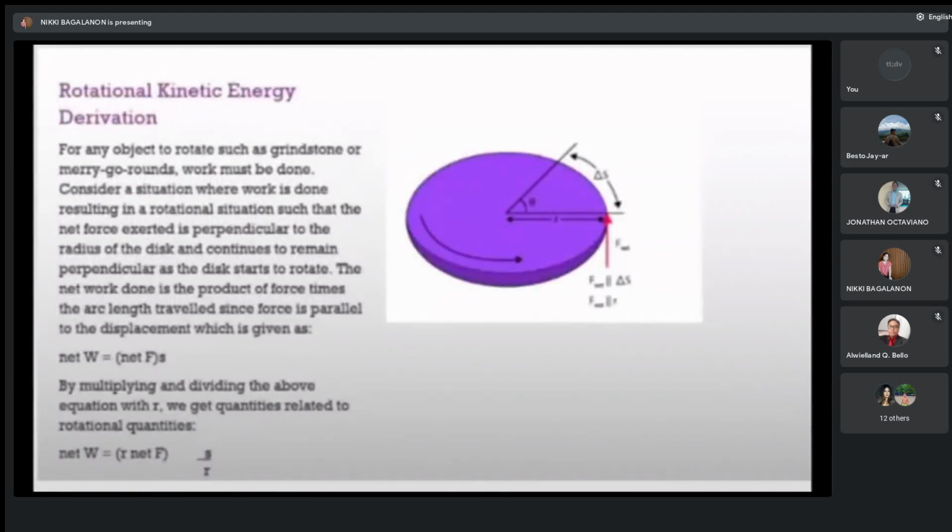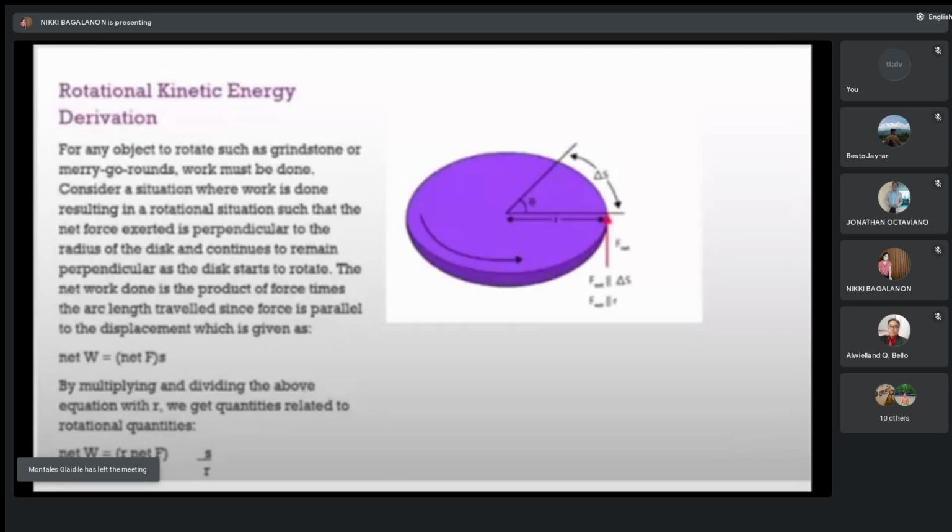Rotational kinetic energy derivation. For any object to rotate, such as a grindstone or merry-go-round, work must be done. Consider a situation where work is done resulting in a rotational motion, such that the net force exerted is perpendicular to the radius of the disk and continues to remain perpendicular as the disk starts to rotate.